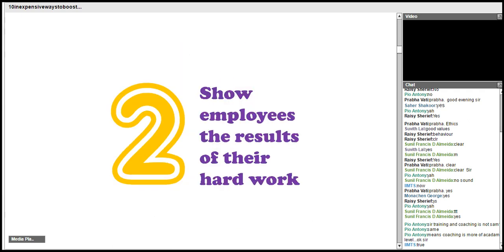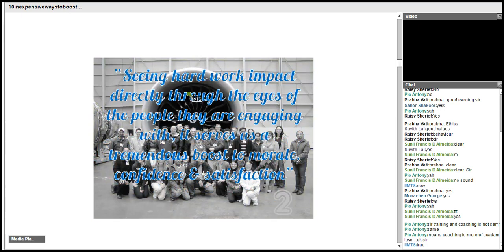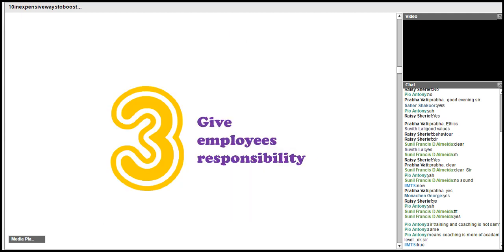Then, show employees the result of their hard work. Seeing their hard work impact directly through the eyes of the people they are engaging with serves as a tremendous boost to morale, confidence and satisfaction.